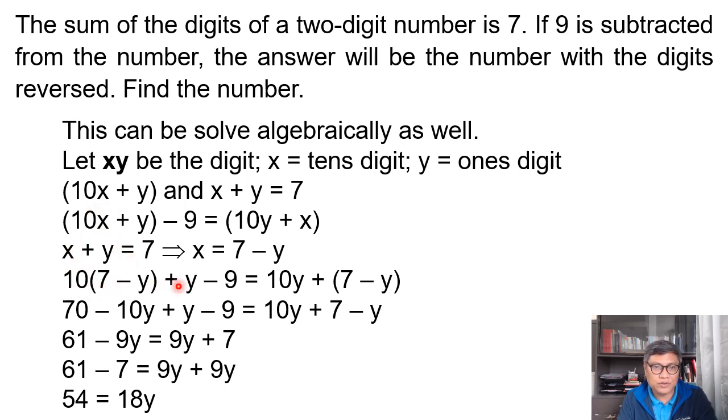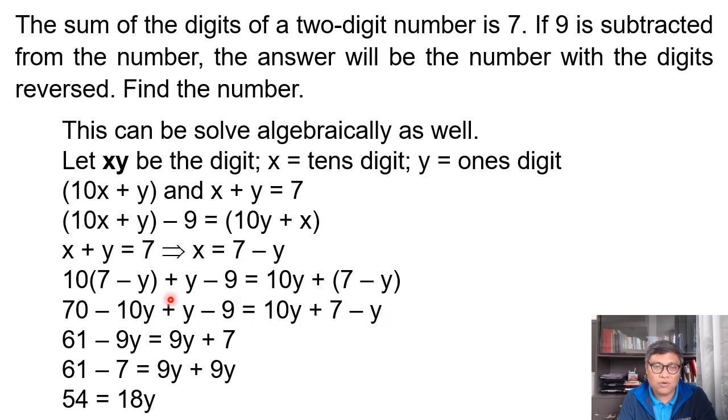So 10 times, instead of x, I will substitute 7 minus y, plus y, minus 9, is the same as 10y plus, again here your x will be substituted by 7 minus y. Then, of course, if you simplify this further, 10 times 7 is 70, 10 times negative y is negative 10y, plus y minus 9 equals 10y plus 7 minus y.